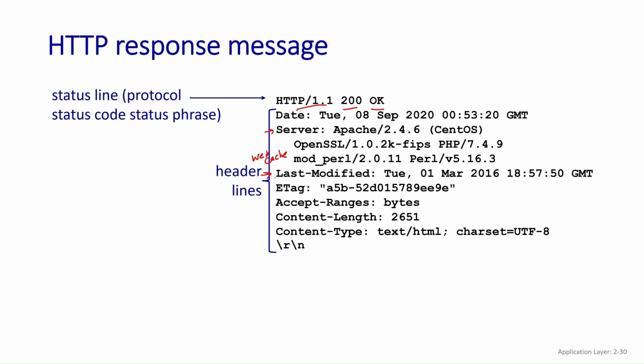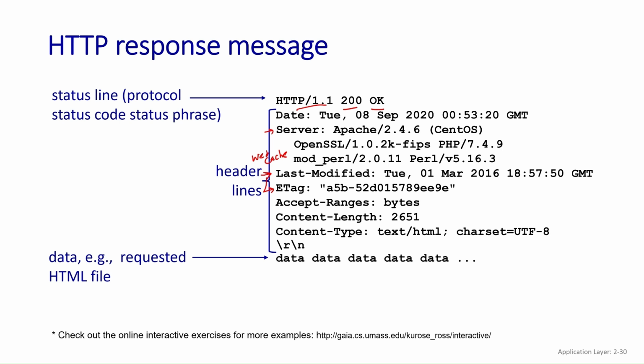This is also important with respect to our discussion on web cache and proxy servers, right? Every object has an entity tag. We call it ETag. Then we have accept-ranges bytes, the content length, and content type, and there can be many other types of header lines as well. And then the data, all the web objects, will be sent as a part of this response afterwards.